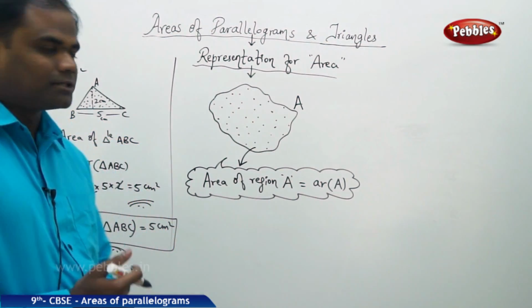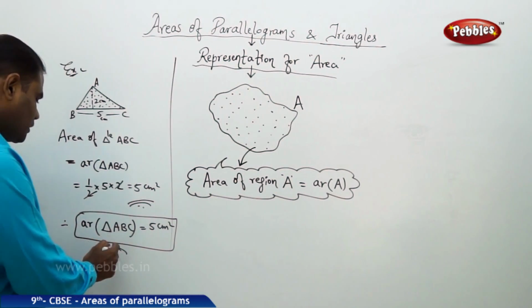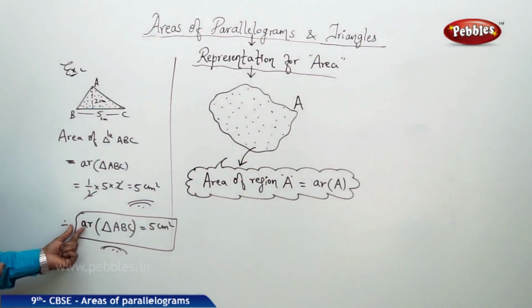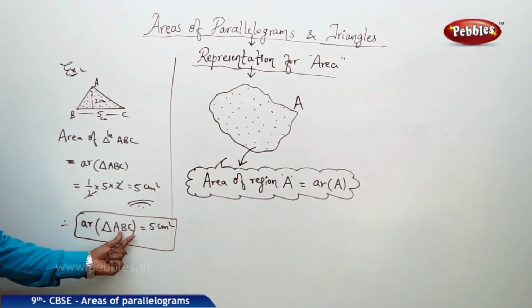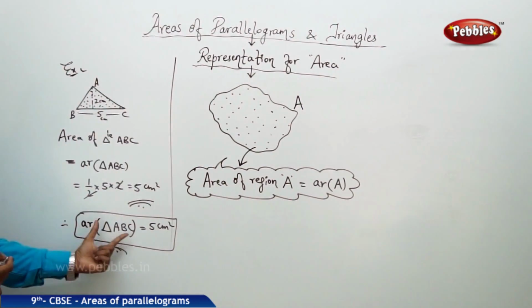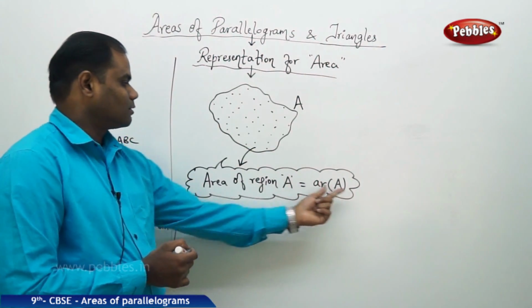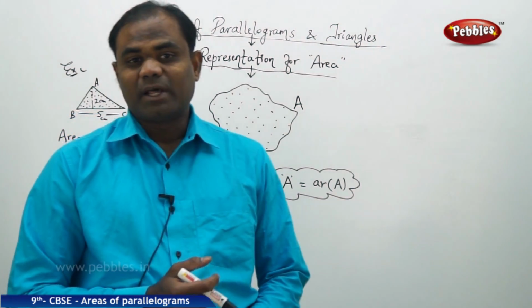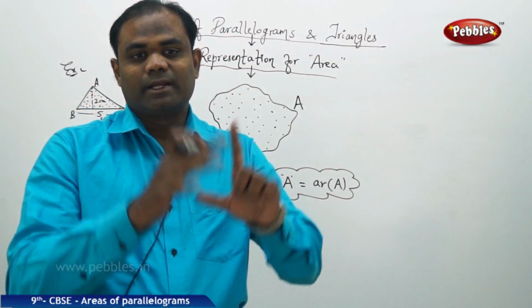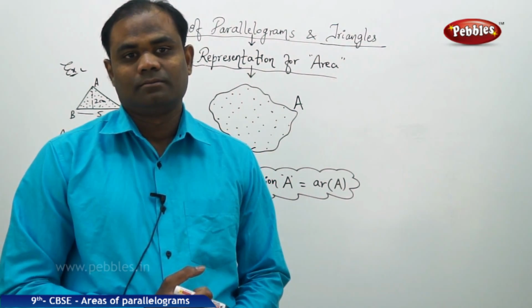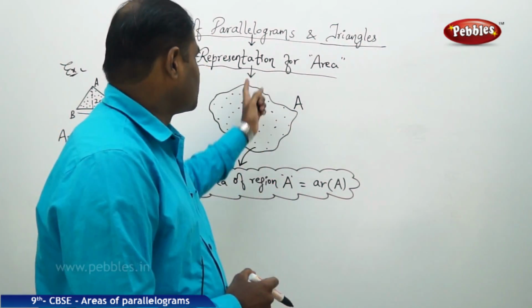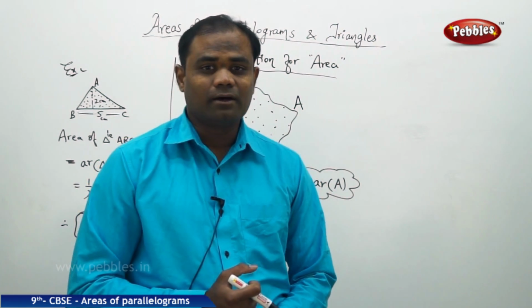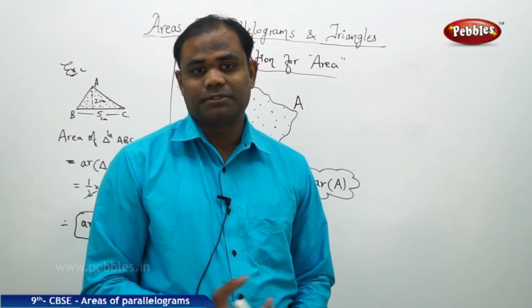This is the representation when you find area. Finally, I represent the answer with AR of the given region. This region is triangle ABC. This region is A. AR of A implies area of the entire region A. This is how I understand the representation for area of any given region.